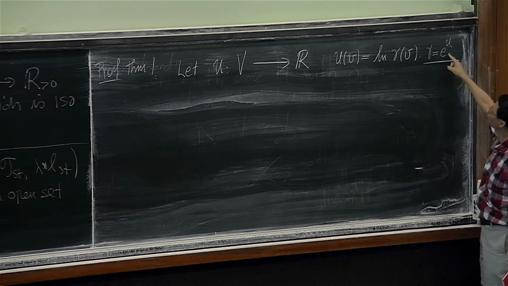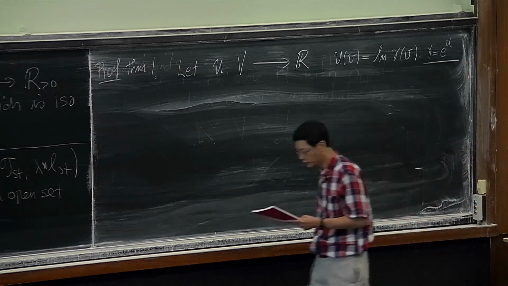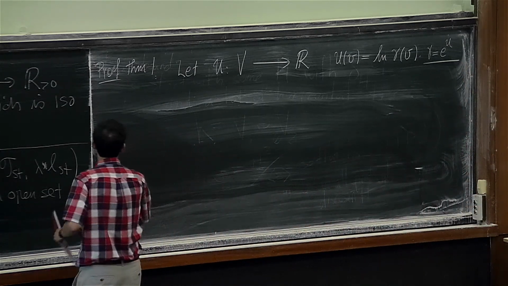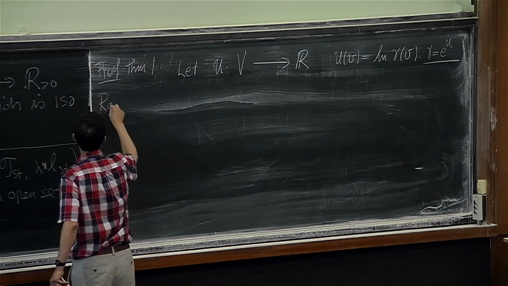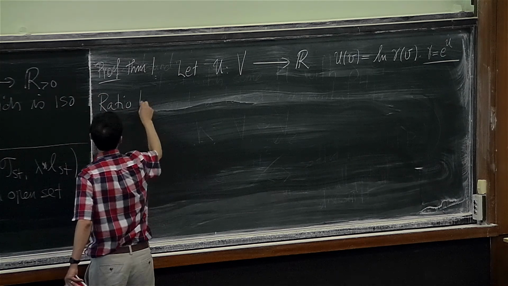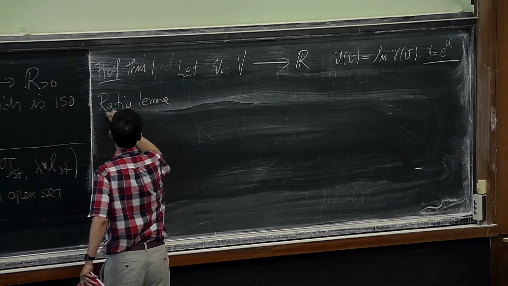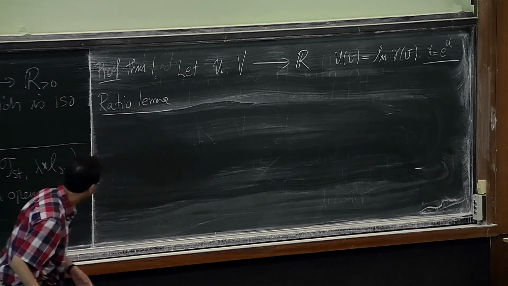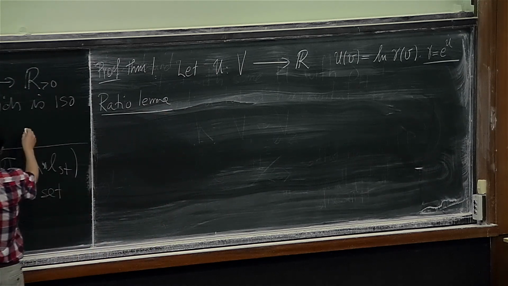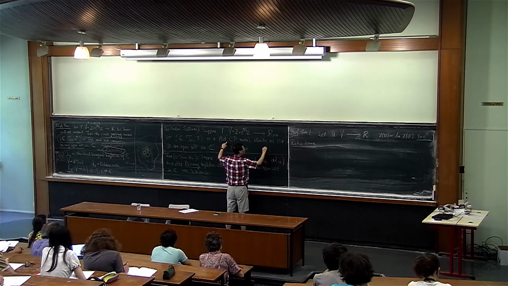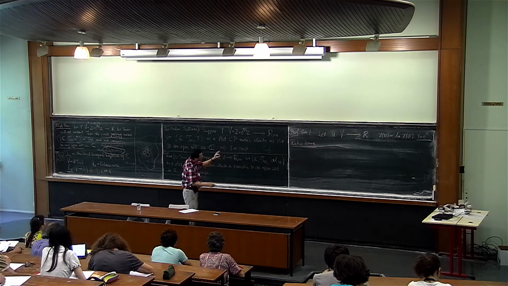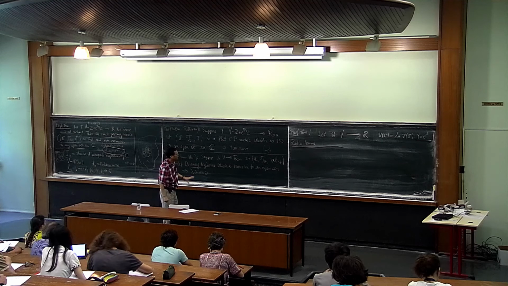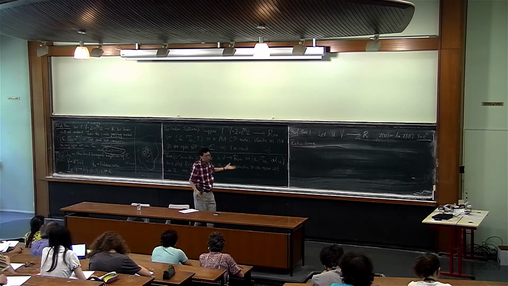It's the u function composed with the exponential function. And now we have this ratio lemma, which we proved last time. The ratio lemma says that if you have this circle packing here, the ratio of any two adjacent radii is at most 100.